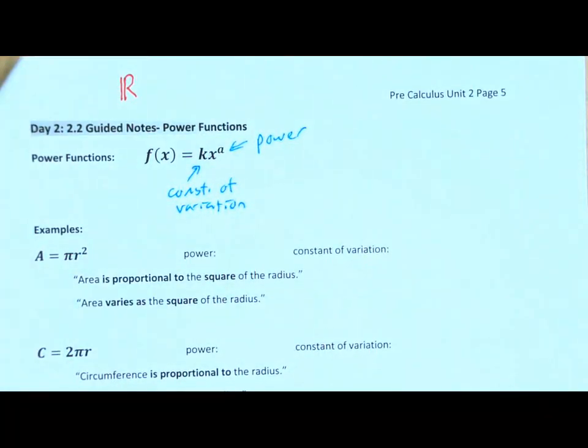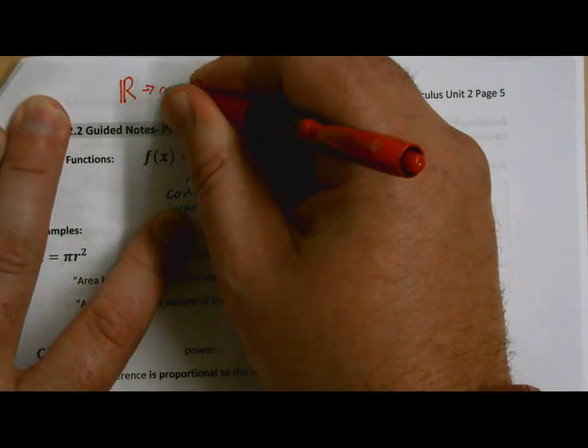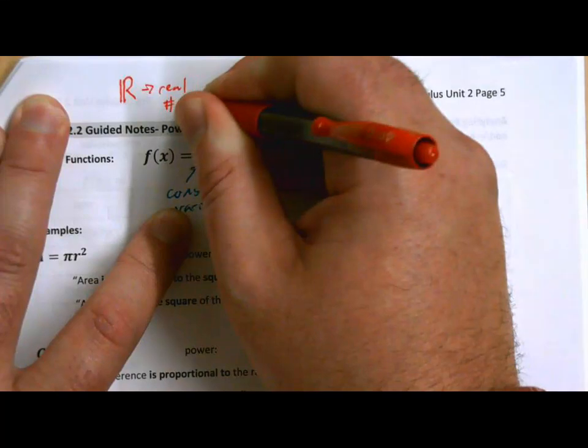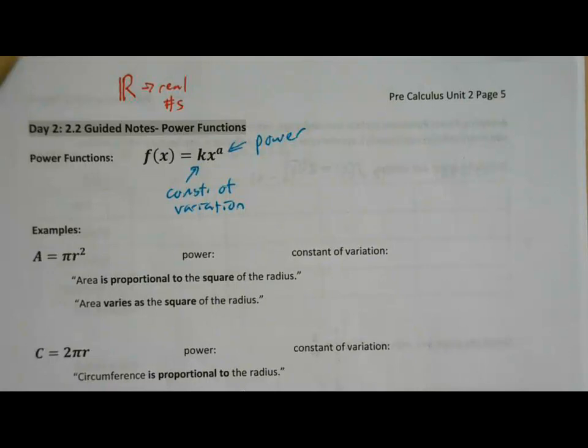That is not an I. That is the double bar R. It's not IR. A lot of times my students think that's an IR, but it's a double bar R, and it stands for the real numbers. The real numbers are anything that doesn't involve i, basically. Were you guys aware of that?